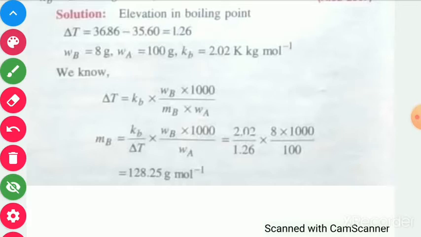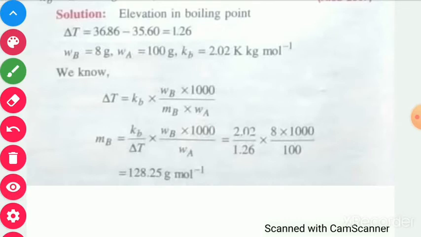Kb value is 2.02, mass of solute is 8 gram, into 1000 upon delta T, 1.26, into Wa value given, 100 gram. So on solving it will be 128.25 gram per mole.